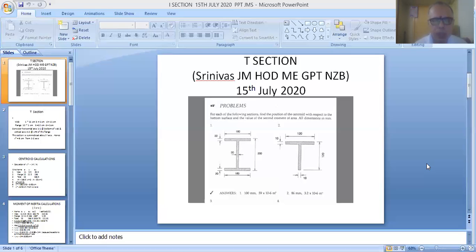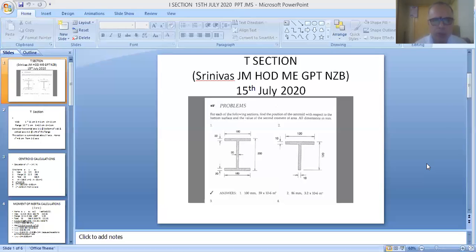It has one vertical component and two horizontal components. One is coming on the top of the diagram, and the other horizontal component is coming at the bottom of the diagram.